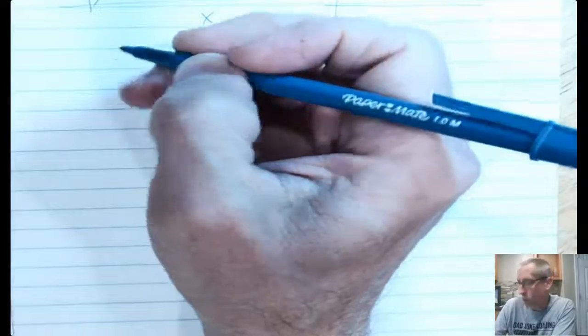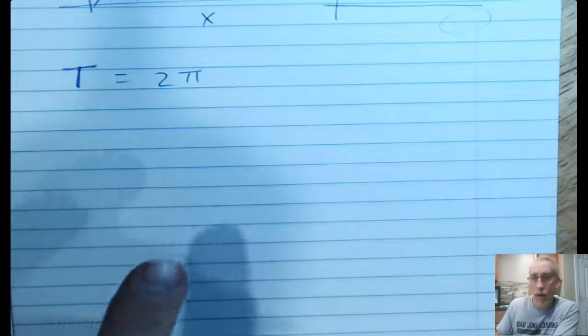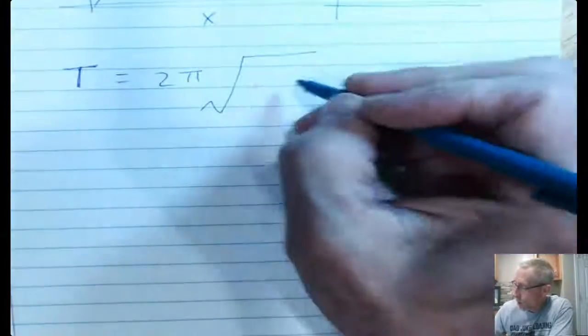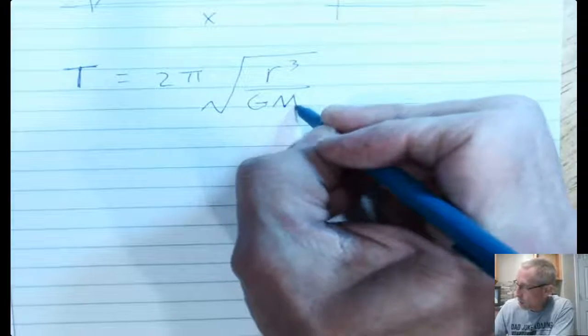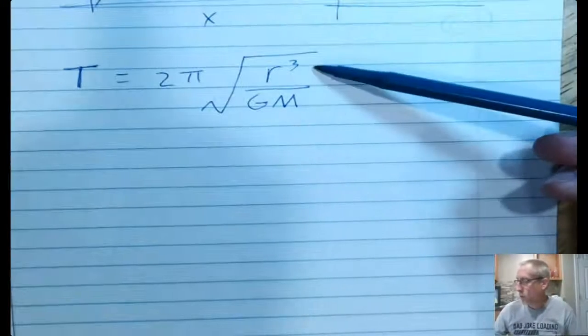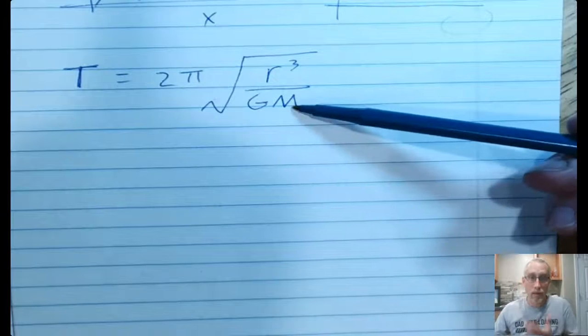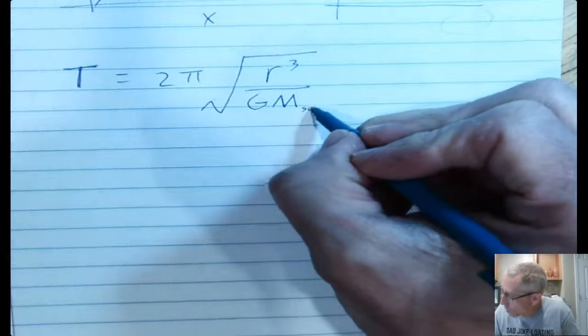The form I probably remember best is the one solved for the period, because all of our period equations had a similar feature: 2 pi and then the square root of something. In this case, for an orbit, it is the cube of the orbital radius divided by G, the gravitational constant, and the mass at the center of all of the orbits. In this case, that would be the mass of the sun. So that's what we were after.